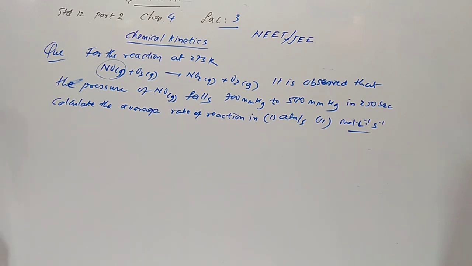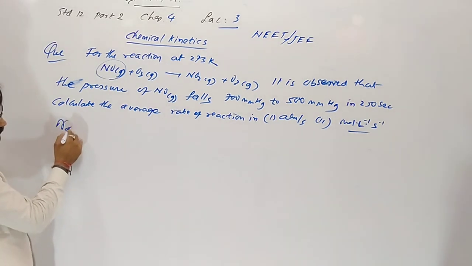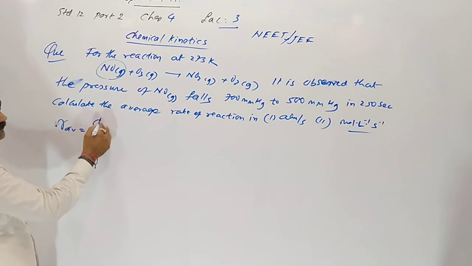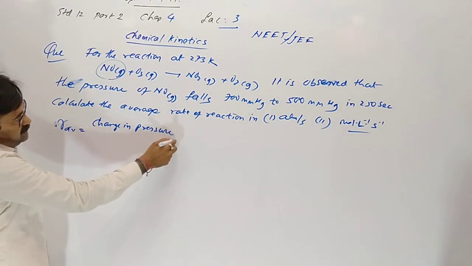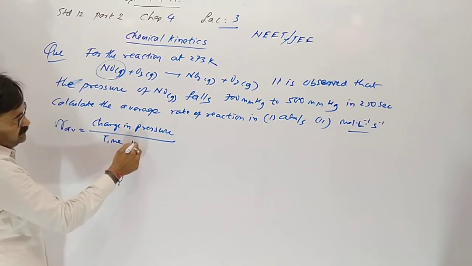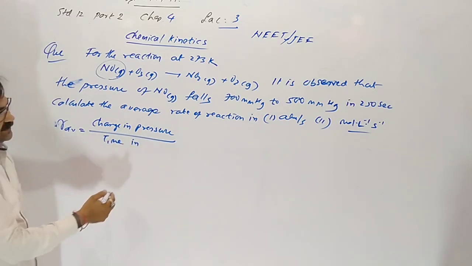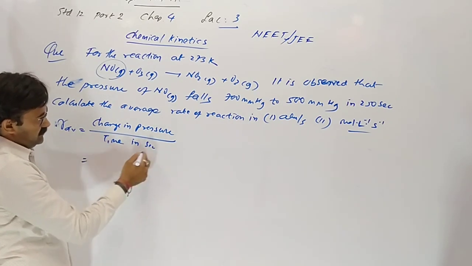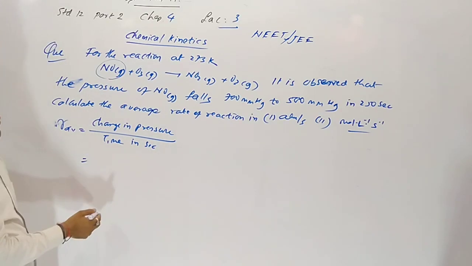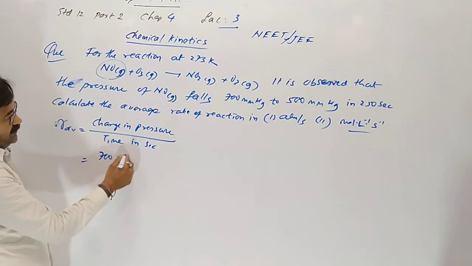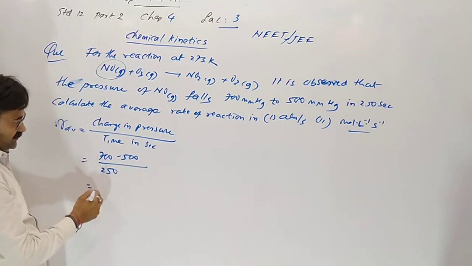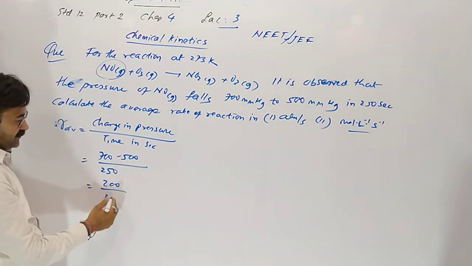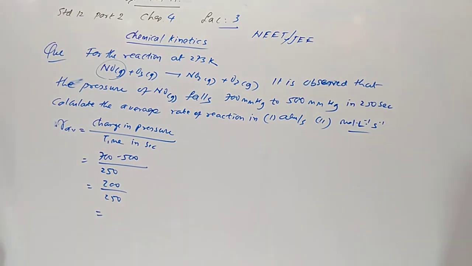The same average rate equal to change in pressure upon taking time in second. Yes. So change in pressure 700 minus 500 in 250 second. So 200 divided by 250.